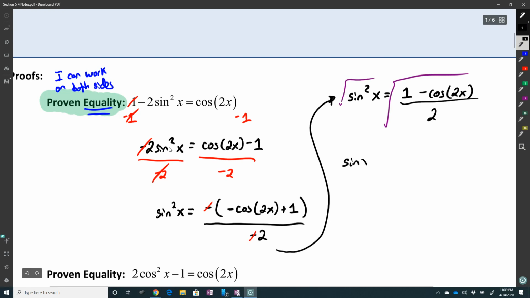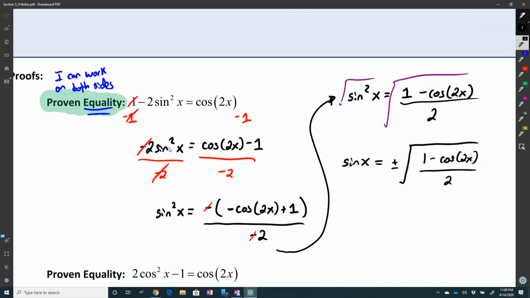Okay, so I have sine of x is equal to plus or minus the square root of 1 minus cosine of 2x over 2. Now the last thing you do in order to make it look like the formula, notice that we have x and 2x. So all I'm going to do is say, let me write it this way.